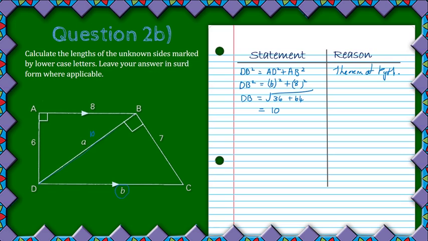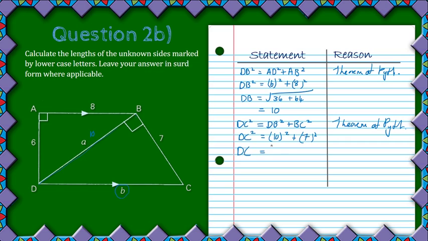And then from there on, if this is 10, and we need to find B, we see that this is also a right angle triangle, and this is also the long side of the right angle triangle. So once again, I'm going to say DC squared is equal to DB squared plus BC squared. Theorem of Pythagoras. Substitute in the known values: DB is 10, plus 7 squared.